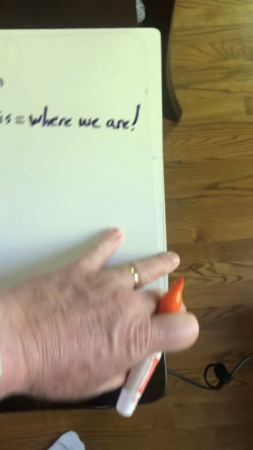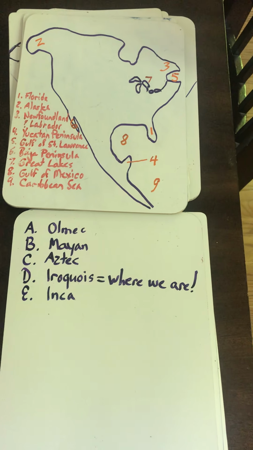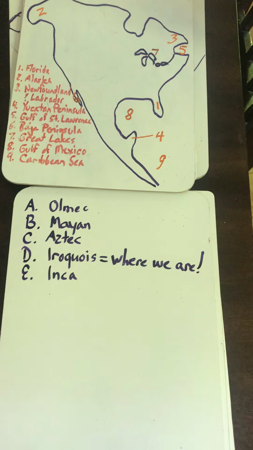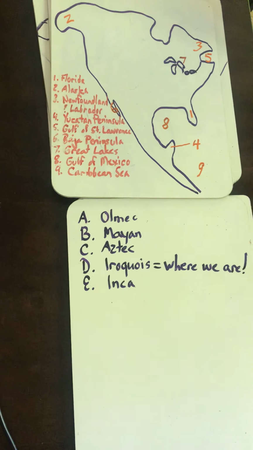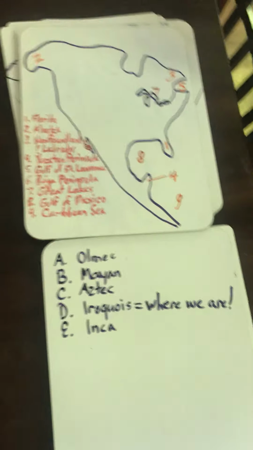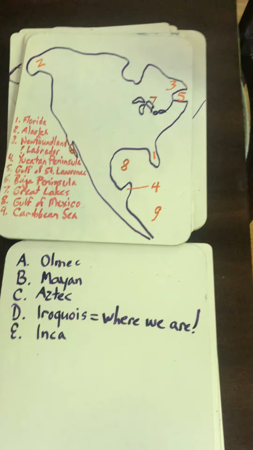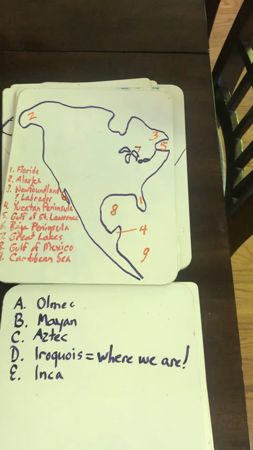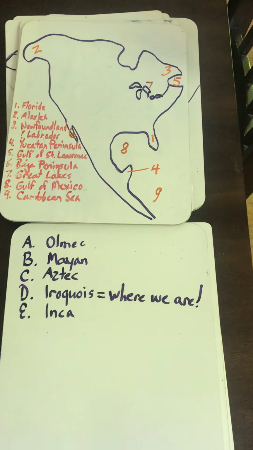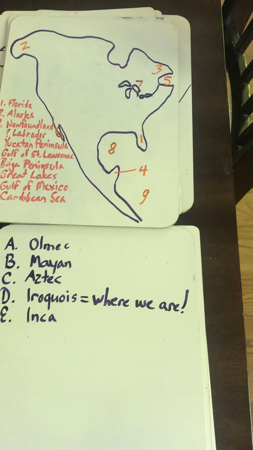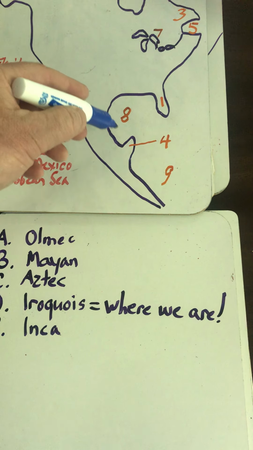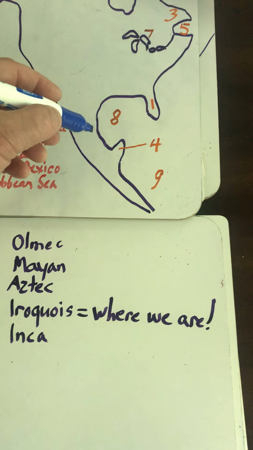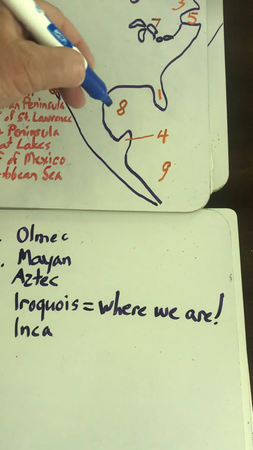And now we are also going to add our civilizations. So in this unit, if you have been keeping up, you have looked at the Olmec. That's the first of the American civilizations, and they developed just north of the Yucatan Peninsula in Mexico along the Gulf of Mexico.